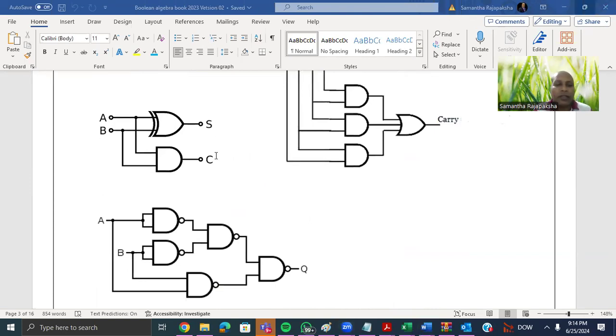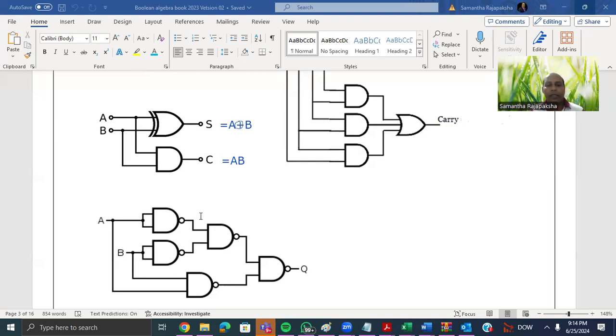This one is actually just a multiplication of A and B. And this one is equal to A exclusive B. Exclusive operation we represent by the circle, like this. So that should be the answer for this question.